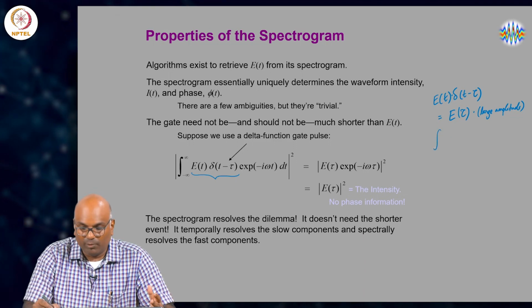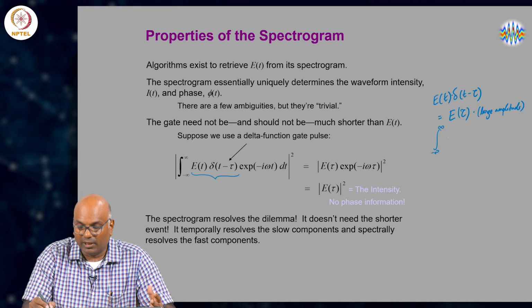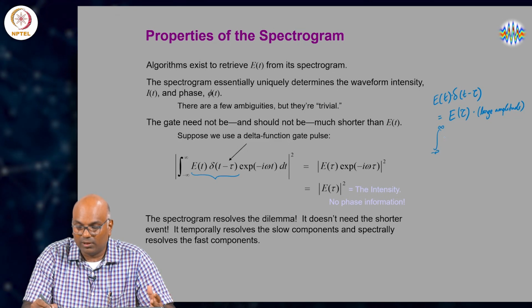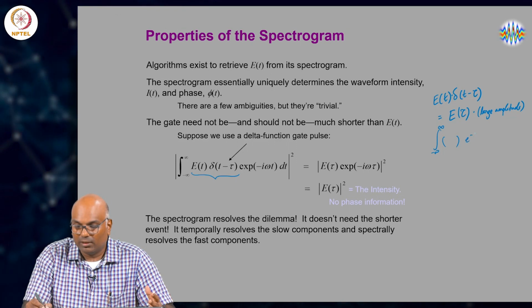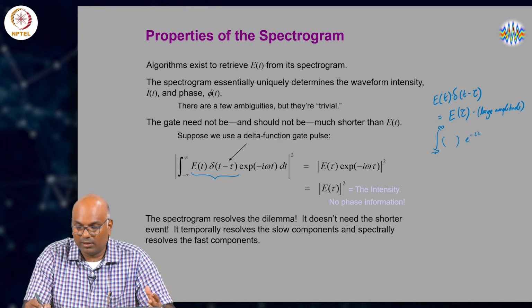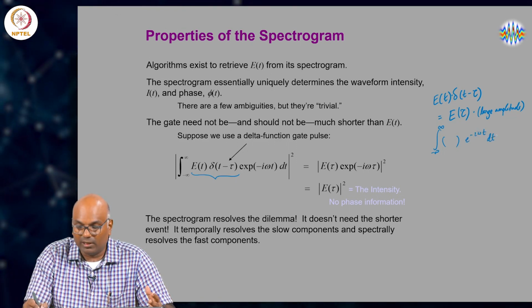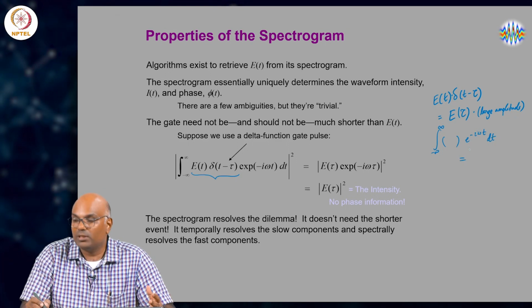So, therefore, I am doing the integral of this guy, this is one constant, some kind of a constant value, exponent of minus i omega t dt. What does this give you?